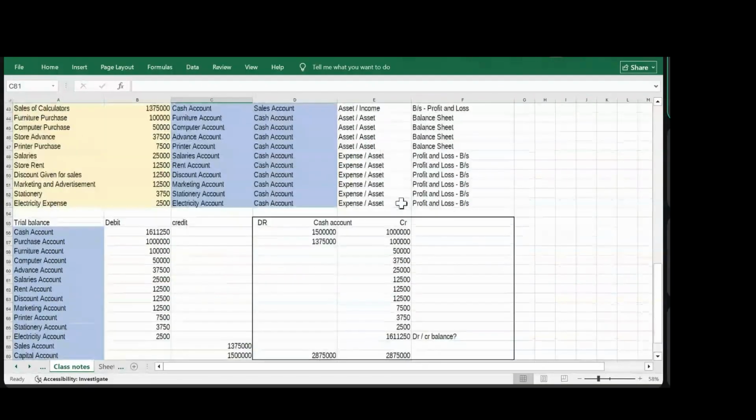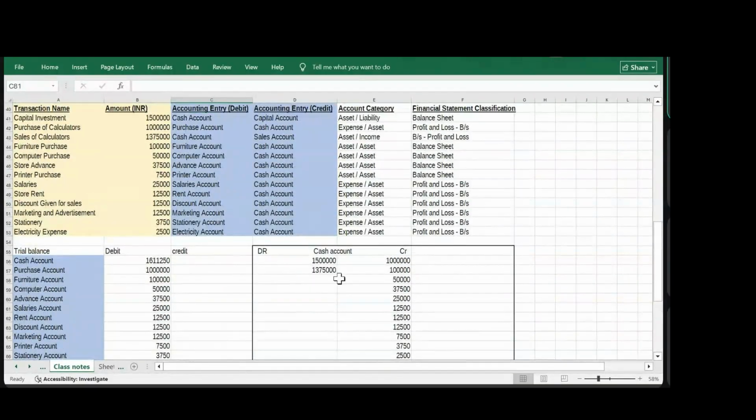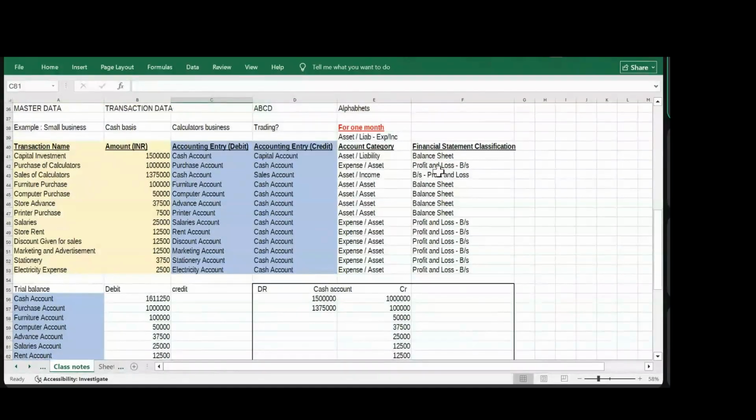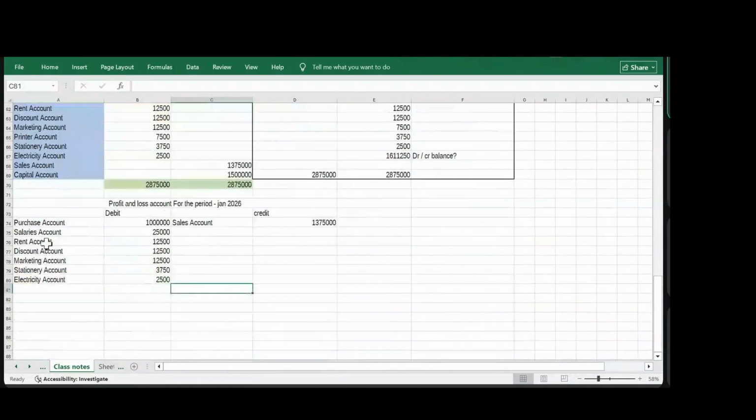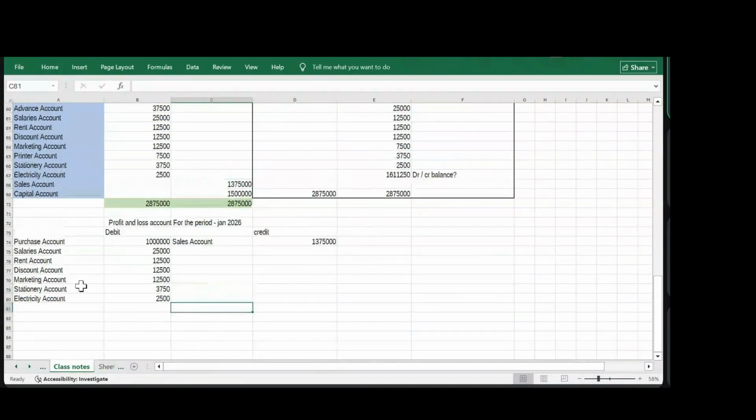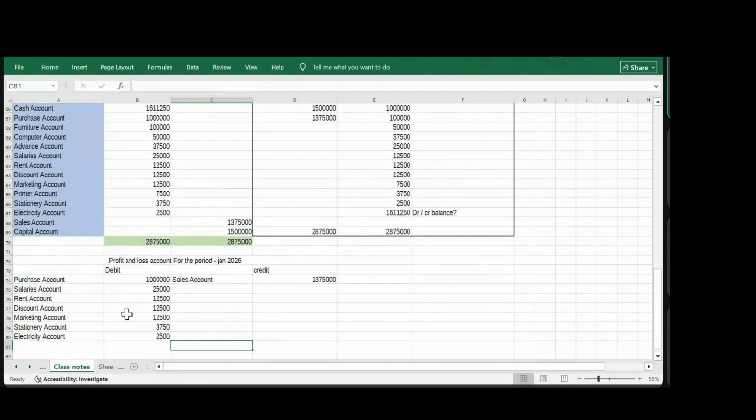We picked up all these P&L accounts, 6 and 1, so 7 we have picked up. Sales will come on the credit side. Do we have 7 here? 6 only. What did I miss out? Can you tell me? Rent, salaries, rent, discount, marketing, stationery, electricity. Okay, the other one will come on this side. Fine.